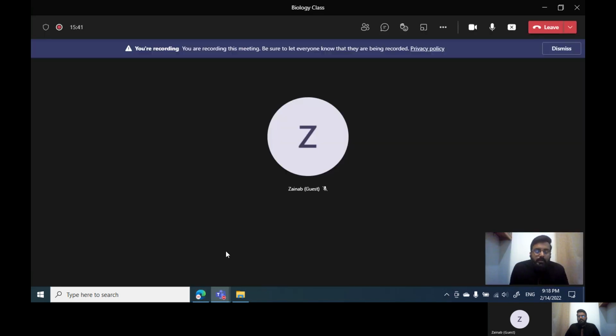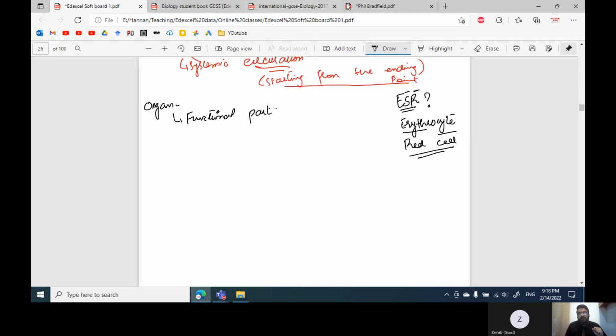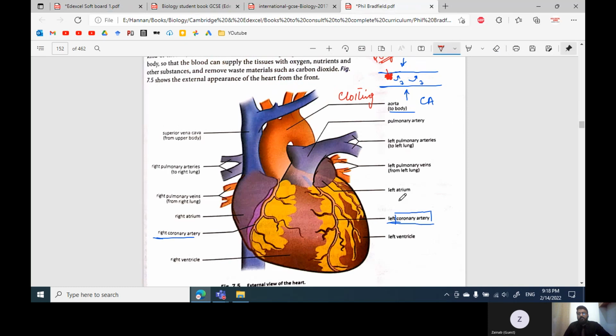If there is some sort of infection in our body, the erythrocytes stick to each other. They clot with each other, they join with each other, and they start creating a mess. So if the erythrocytes have this tendency to join each other, they can create a clot inside these coronary arteries.